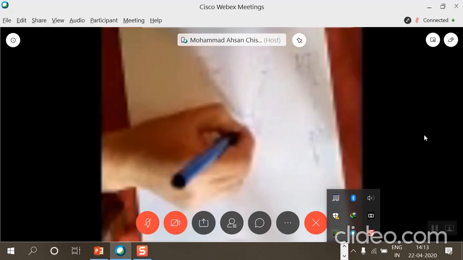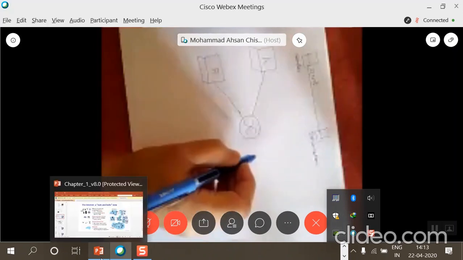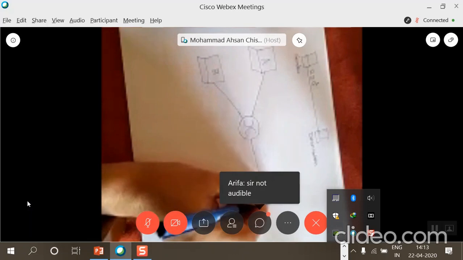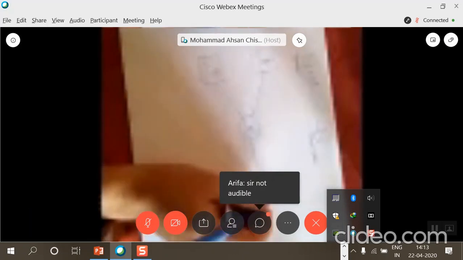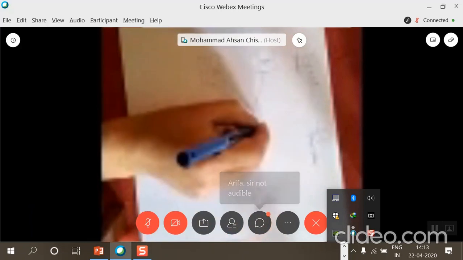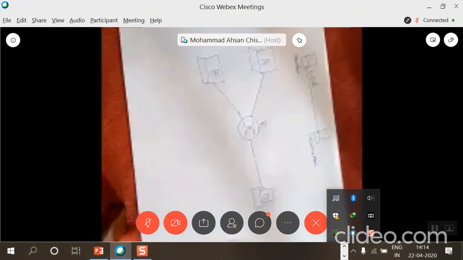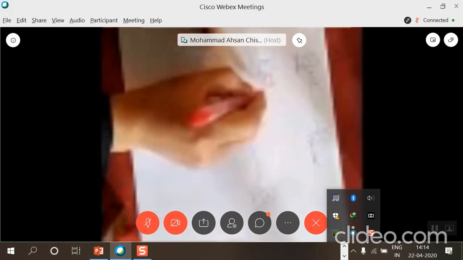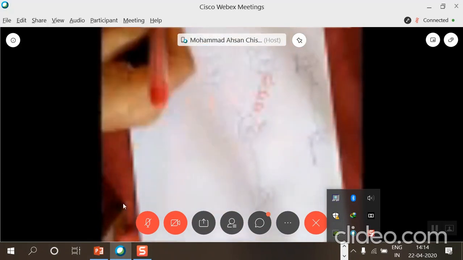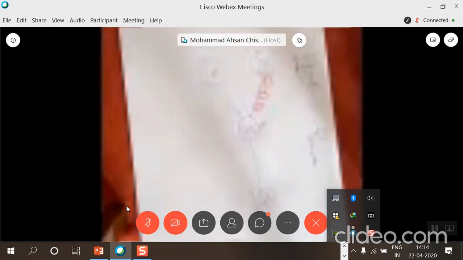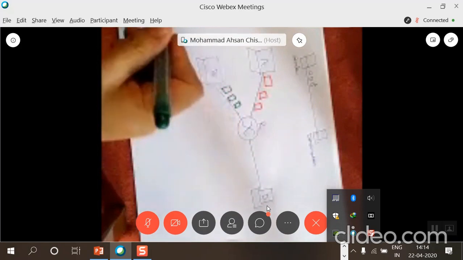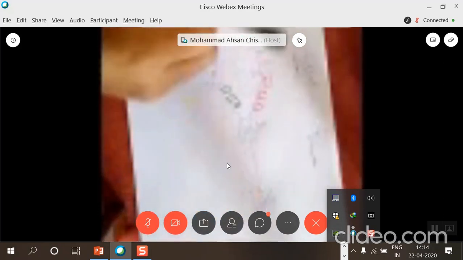I will call this routing device a router. What is it? We are going to discuss in coming classes. And then I have a destination here that I would call D at the router. Now, I expect packets to be flowing from A as well as from B, and then the router would send it to D.